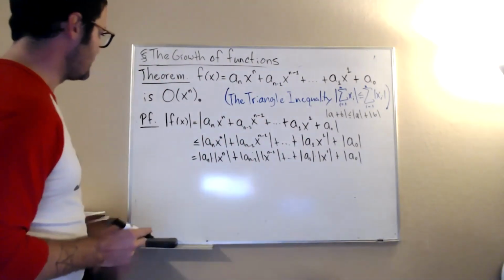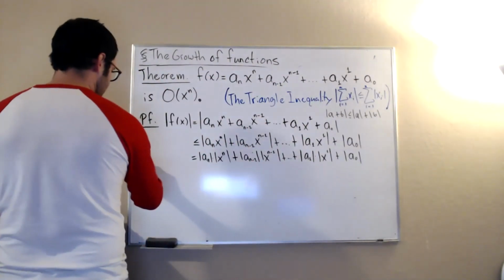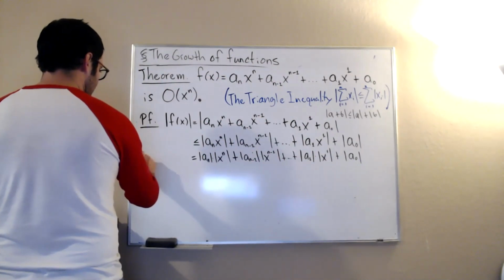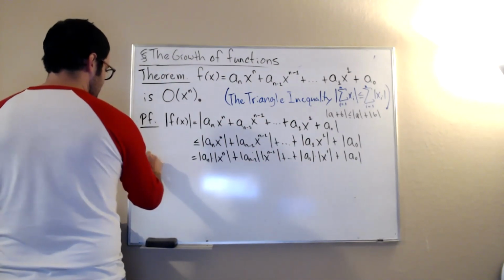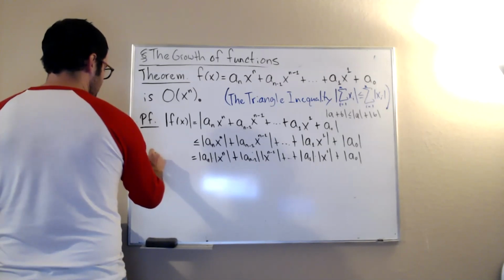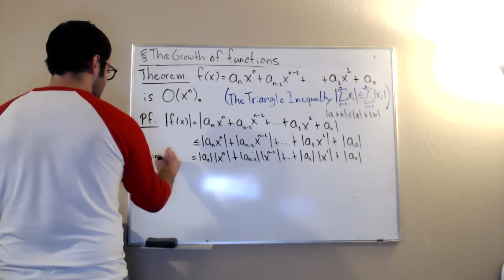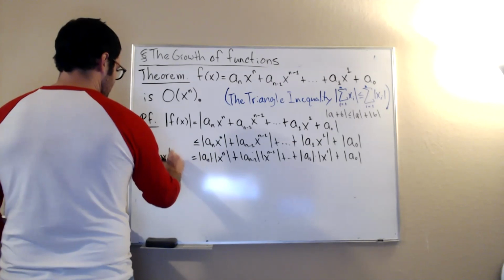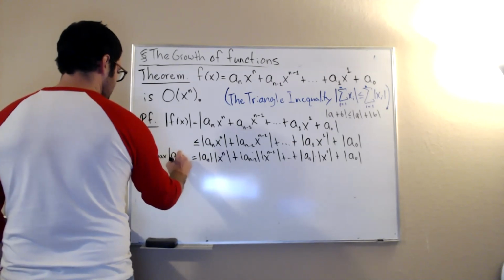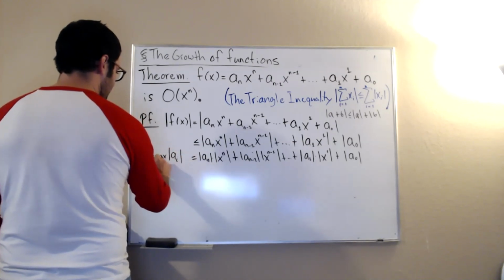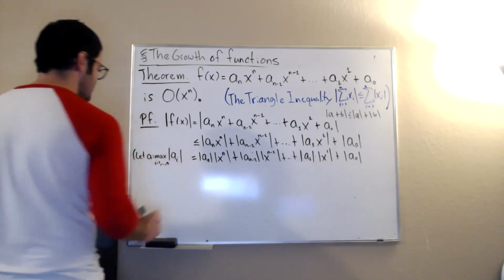If I had more room, I would write this, but I'll write it over here. Let A equal the max of the absolute value of A sub i for i equal 0 through n.